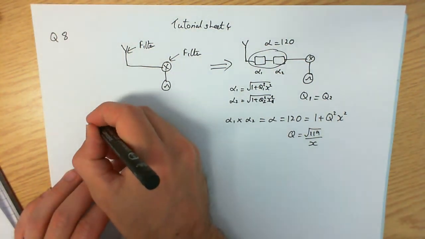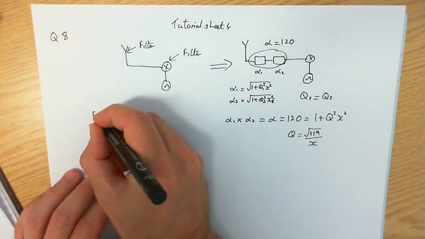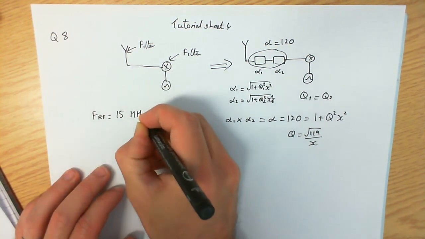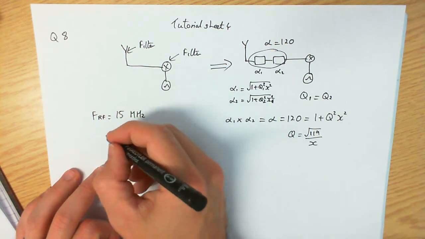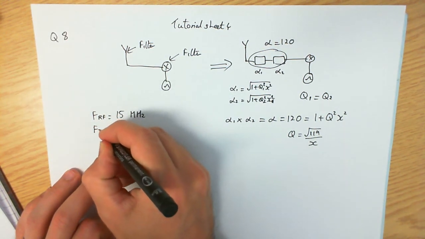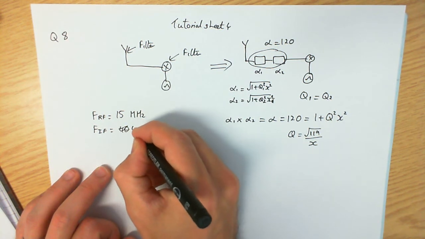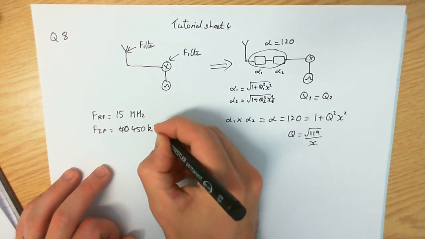So from the information we're given, the RF frequency is 15 megahertz, and our IF frequency is 450 kilohertz.